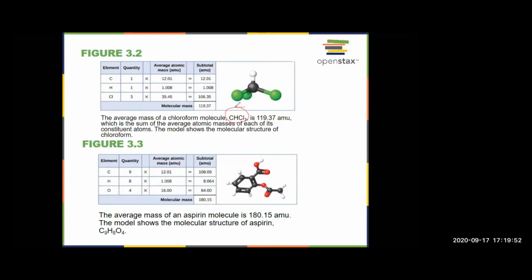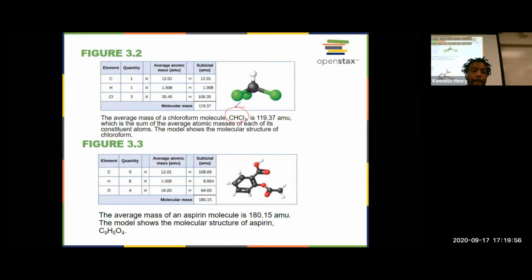Okay, so to calculate the molecular mass or the molecular weight, again, another word that we will use interchangeably, we would just multiply the mass of the carbon. Carbon weighs 12, hydrogen weighs 1, and the chlorine weighs 35.45.